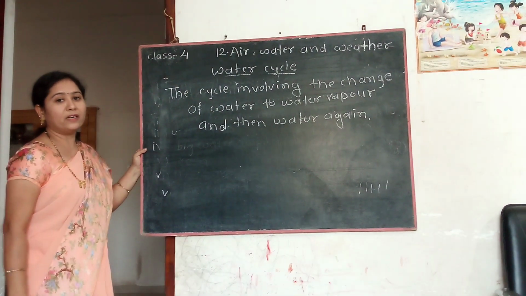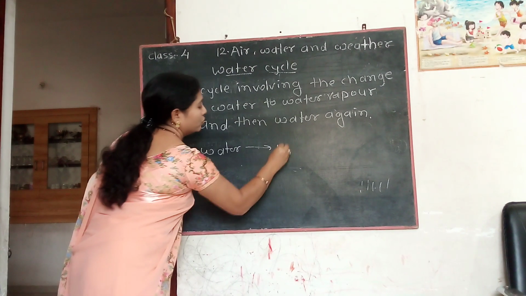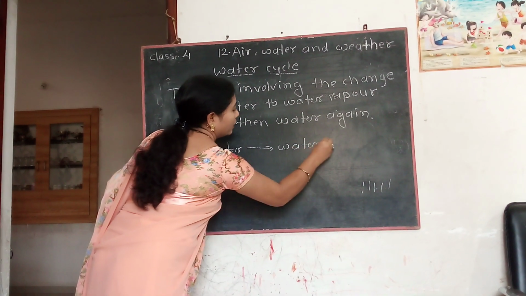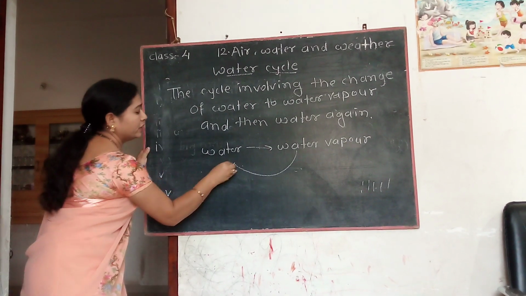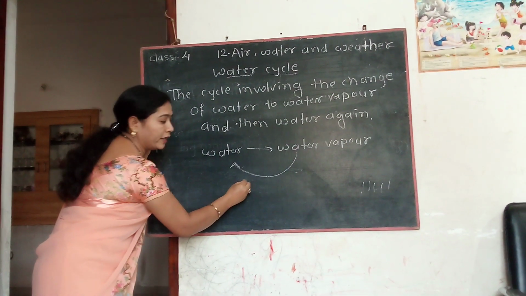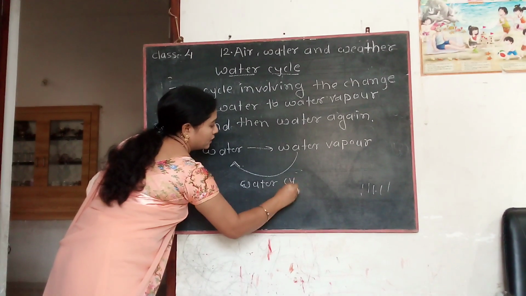Thus, the cycle in which water changes to water vapor and again changes to water again is called the water cycle.